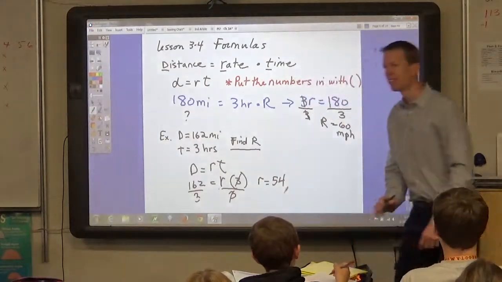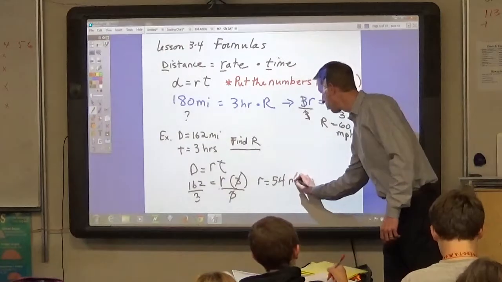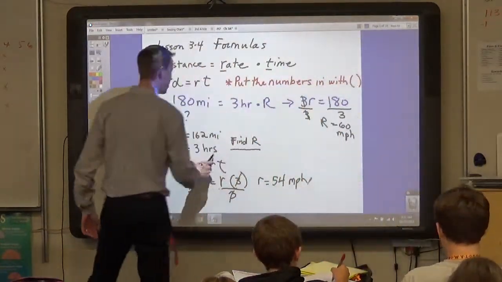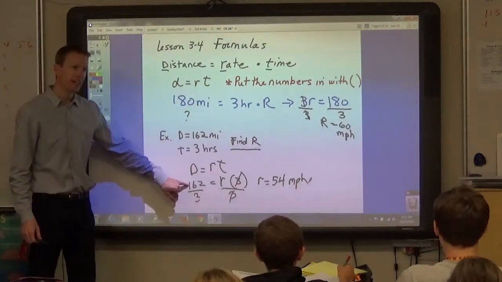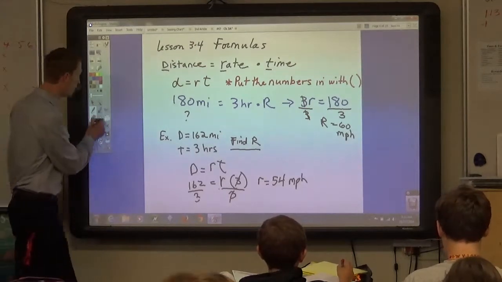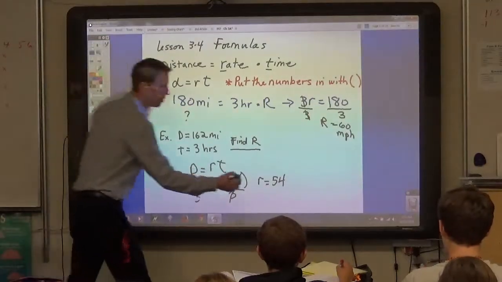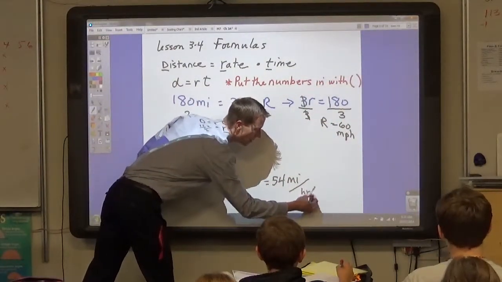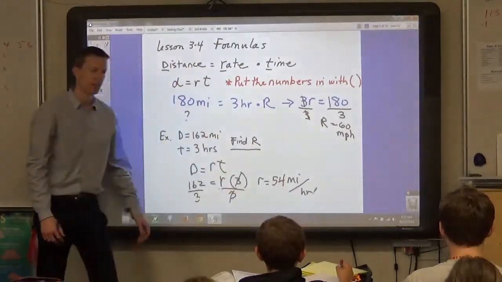54 what? Miles per hour. Good. We're finding the rate. We're given miles. We're given hours. And it's miles over hours. Let me show you how we should write this. Since this is miles over hours, this probably is a better label than MPH.